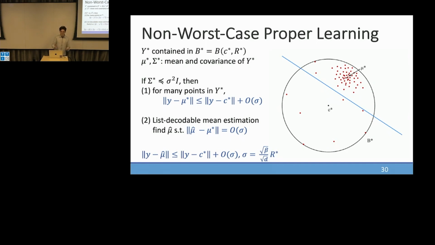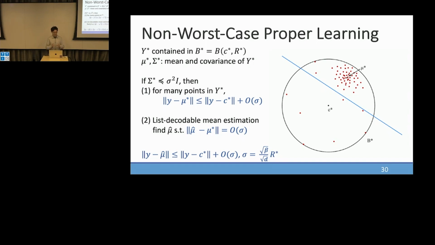Okay, how we get this non-worst case bound: the observation is that now consider this ball is the optimal ball and the red points are the points contained in this ball. If we know the covariance matrix has bounded variance sigma, then if the mean of y star is very far from the ball center, actually most of the points are closer to the mean than to the center.